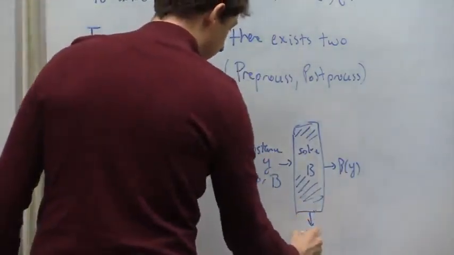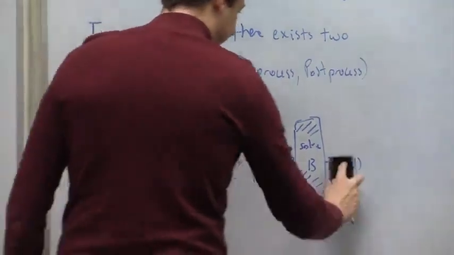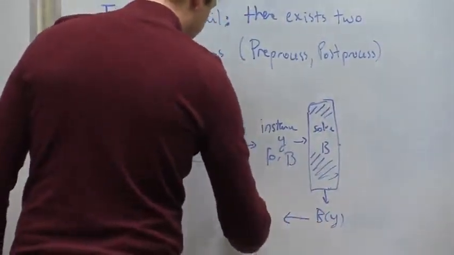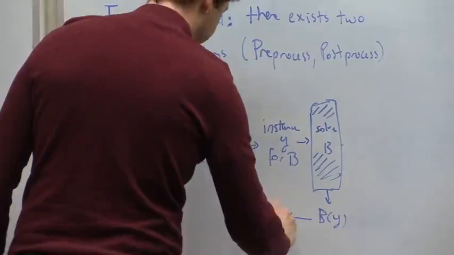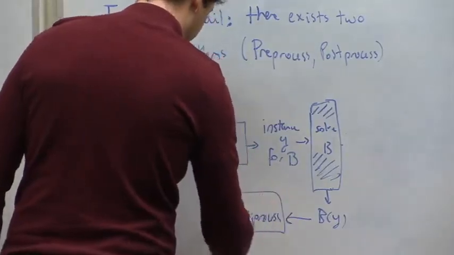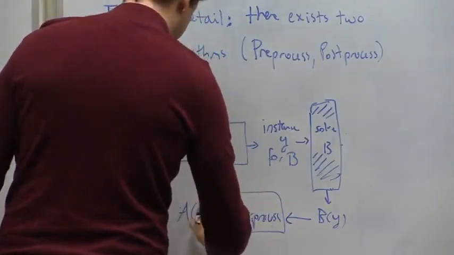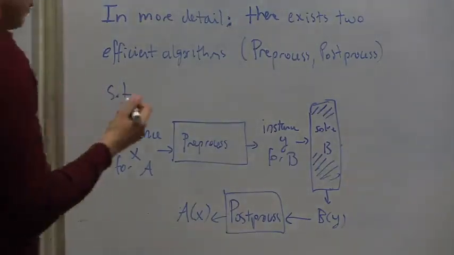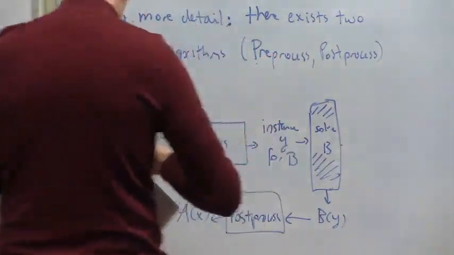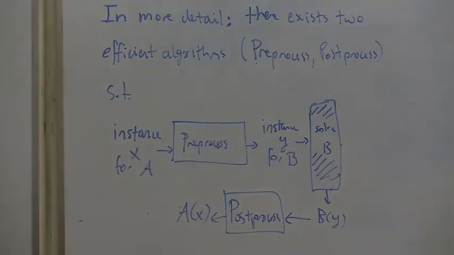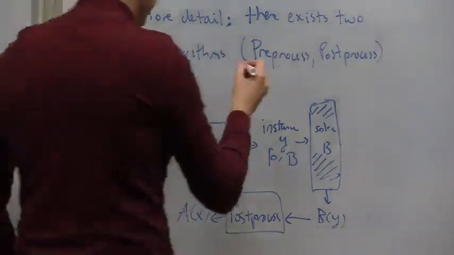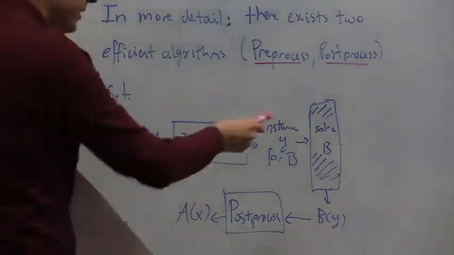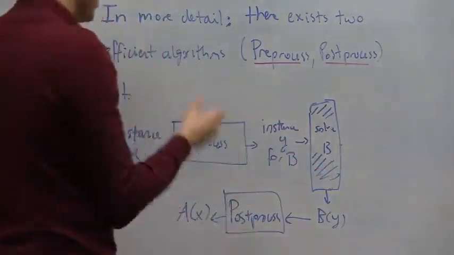And then given B of y, we provide it as an input to post-process, and we get A of x, so the solution to the problem A. So the reduction itself is syntactically specified by these two algorithms, pre-process and post-process. Very importantly, the reduction does not say anything about whatever subroutine is solving B, okay? We don't care as long as it's solving B.